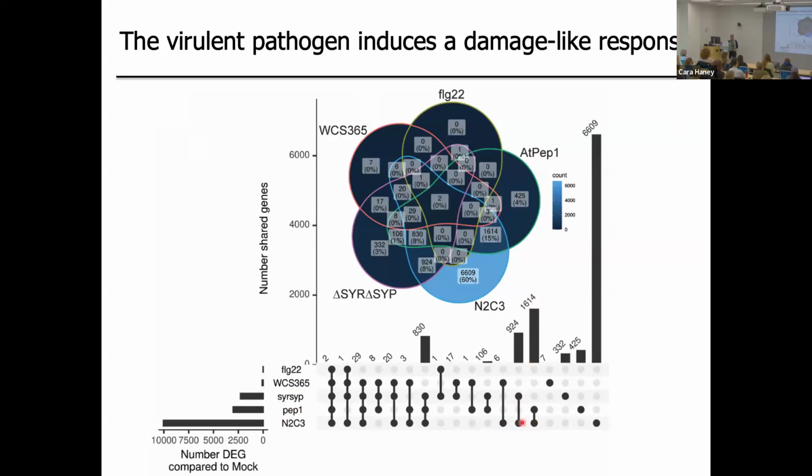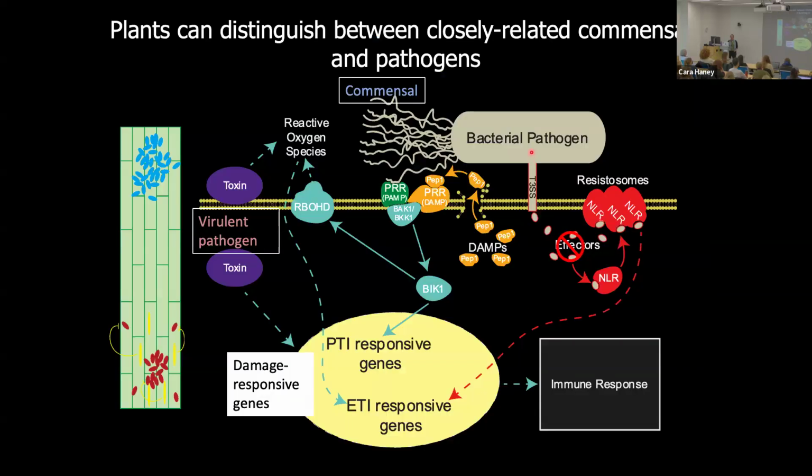And then interestingly, the second category after that is our avirulent and our virulent pathogen. So even our avirulent pathogen seems to still trigger kind of a unique defense, and these look defense-like responses. And so we think that indeed the toxin is inducing a damage-like response.